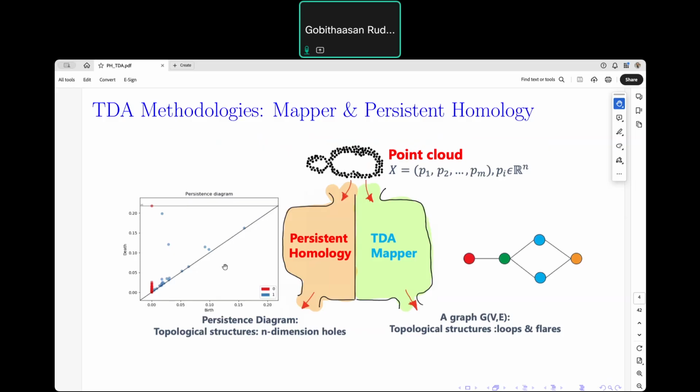In this diagram, we encode connected components, which represent H0, in red, and the blue points represent H1, which are the one-dimensional holes of Betti numbers. Let's look at an example to understand further.